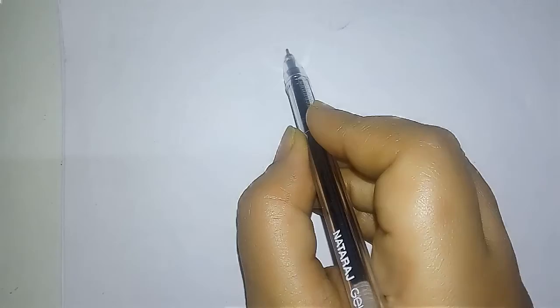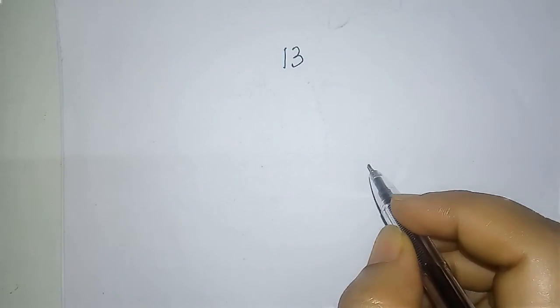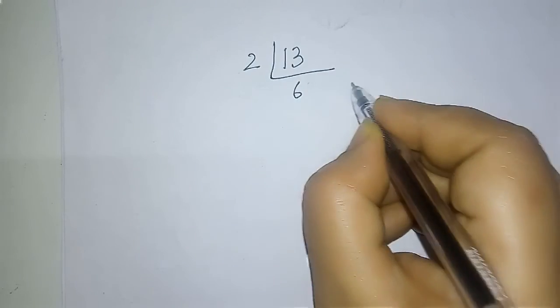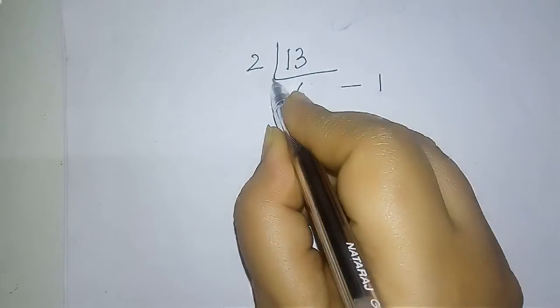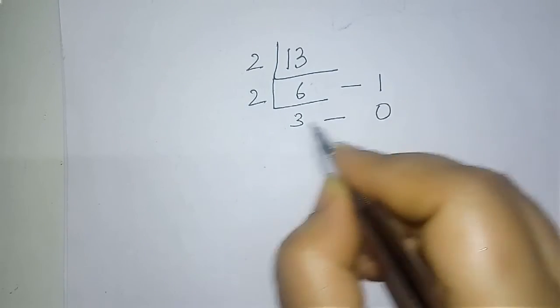Now let's take a second example. Suppose we have to find out the binary equivalent of the number 13. We are going to divide this 13 by the base 2. First we are going to have the remainder as 1. Then we are going to have the remainder as 0.